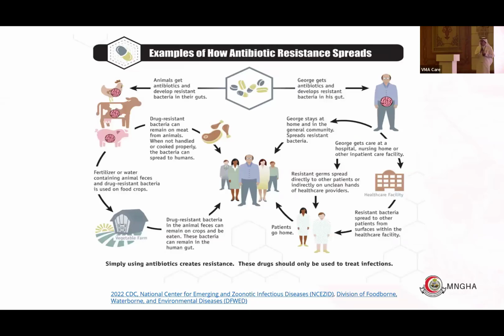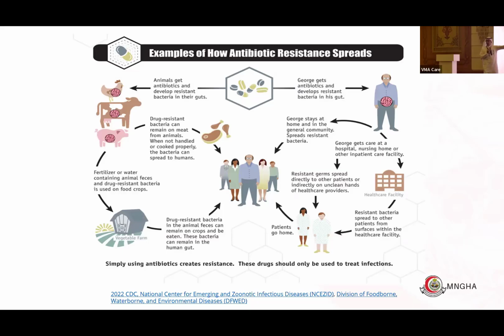If you take one home message from my presentation, it is where the spread of antimicrobial resistance comes from. We have the antibiotic here. George gets the antibiotic and develops resistant bacteria in his gut.